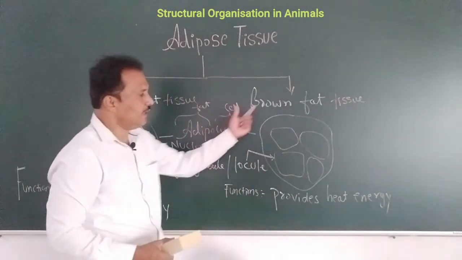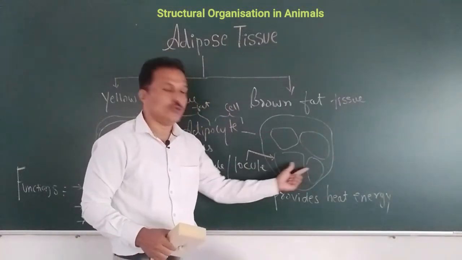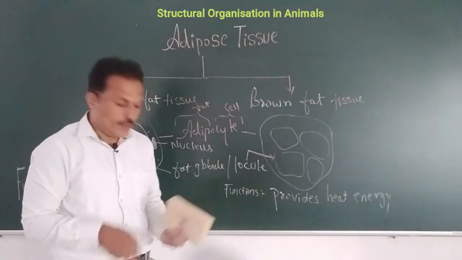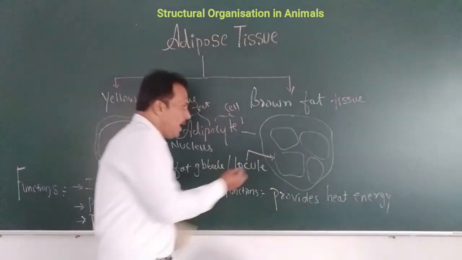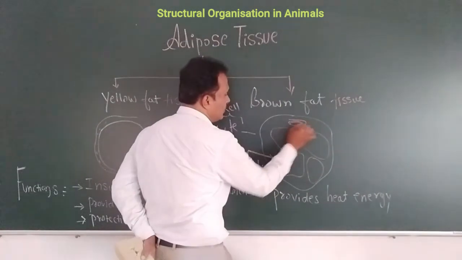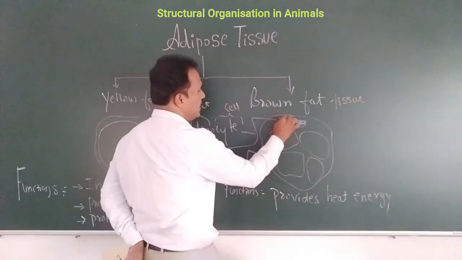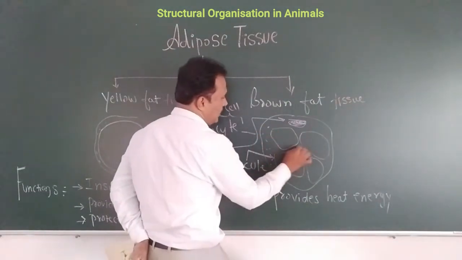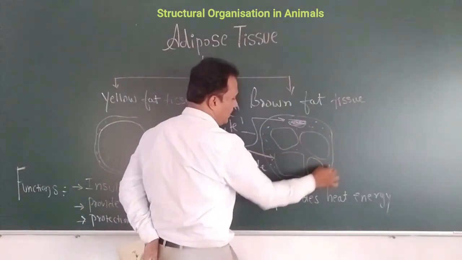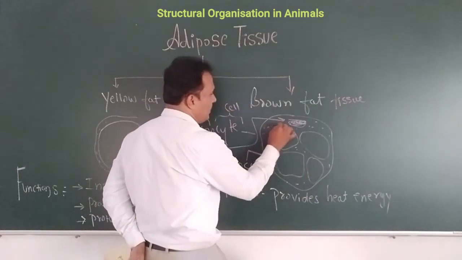In brown fat, more than one fat globule or locule is present, and here there is a nucleus. Other organelles of this cell you will find surrounding, inside the cytoplasm.